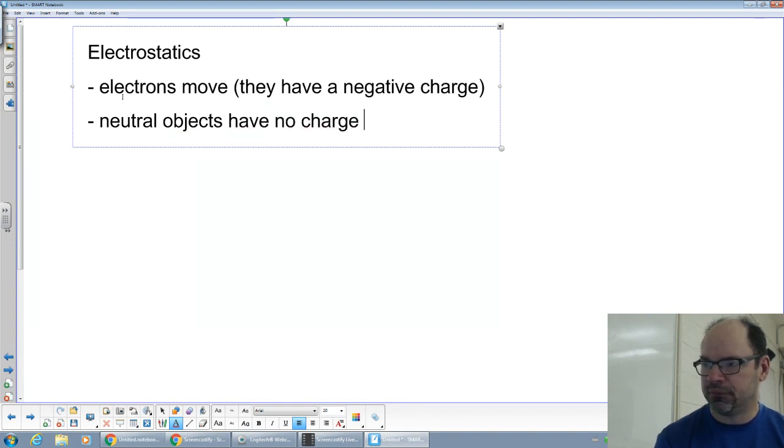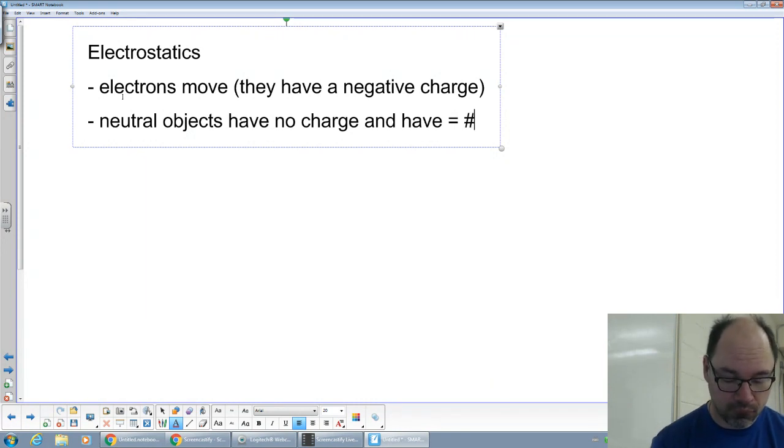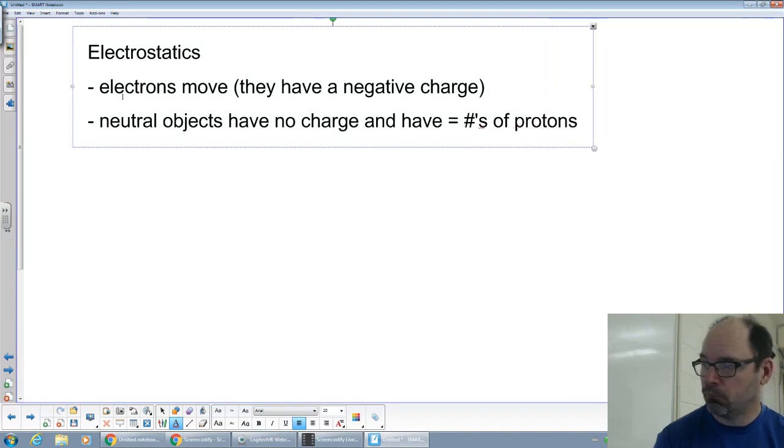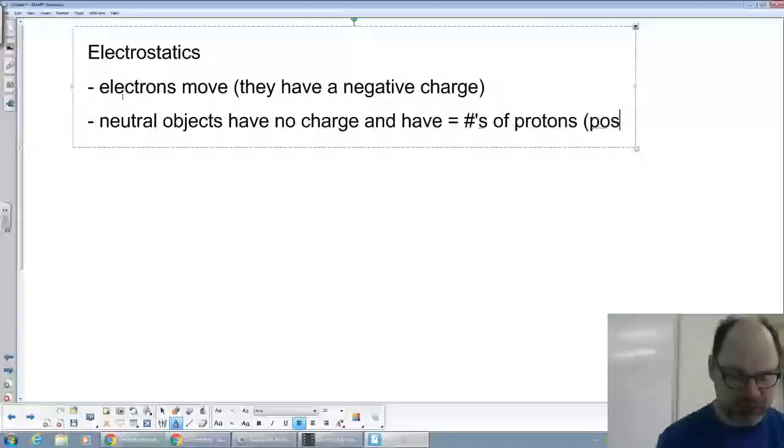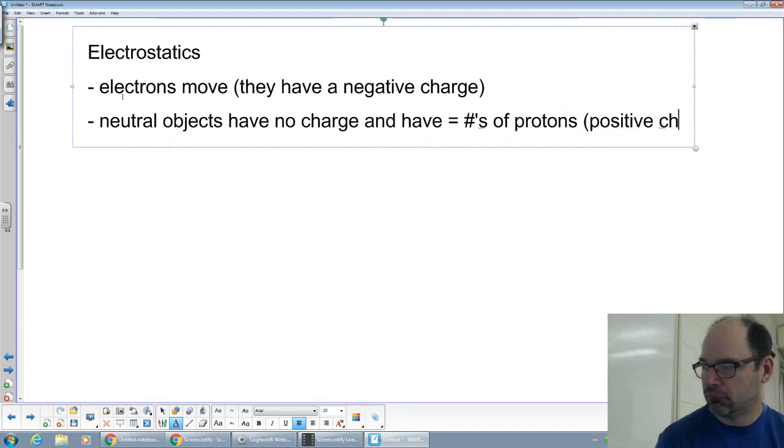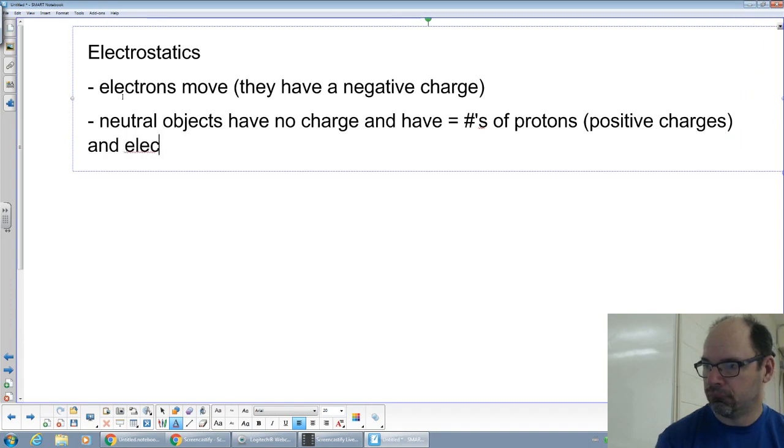And also they have equal numbers of protons and electrons. The protons are the positive charges, and the electrons are the negative charges.